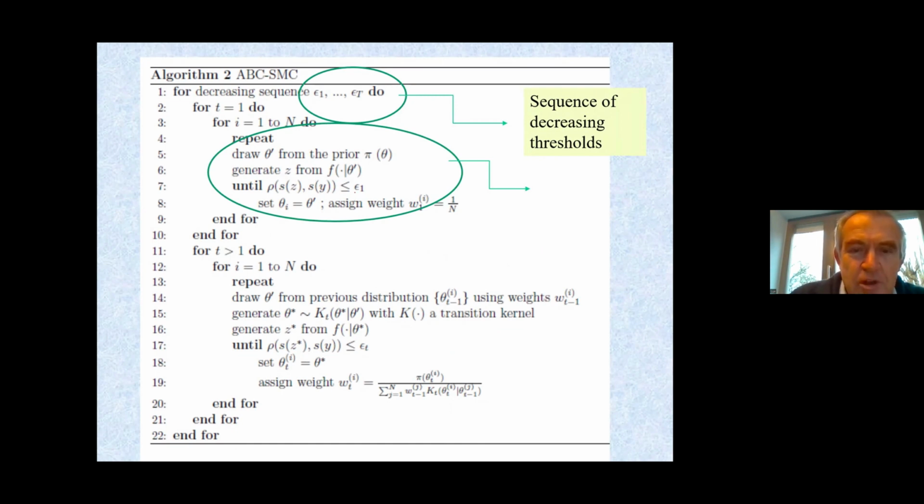You keep only those that are smaller than the first threshold, which still should be relatively large. And if you have a complete sample, say of capital N, 1000 in my applications, or 100, whatever is practical, then you assign weights to them equal to 1 over N. And then the iteration starts. So that's a typical creation and evaluation of particles.